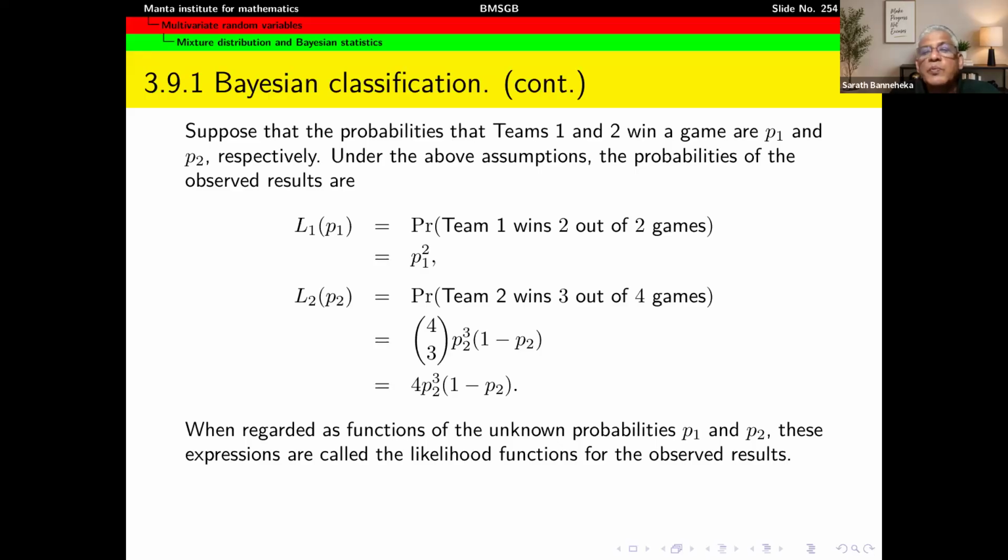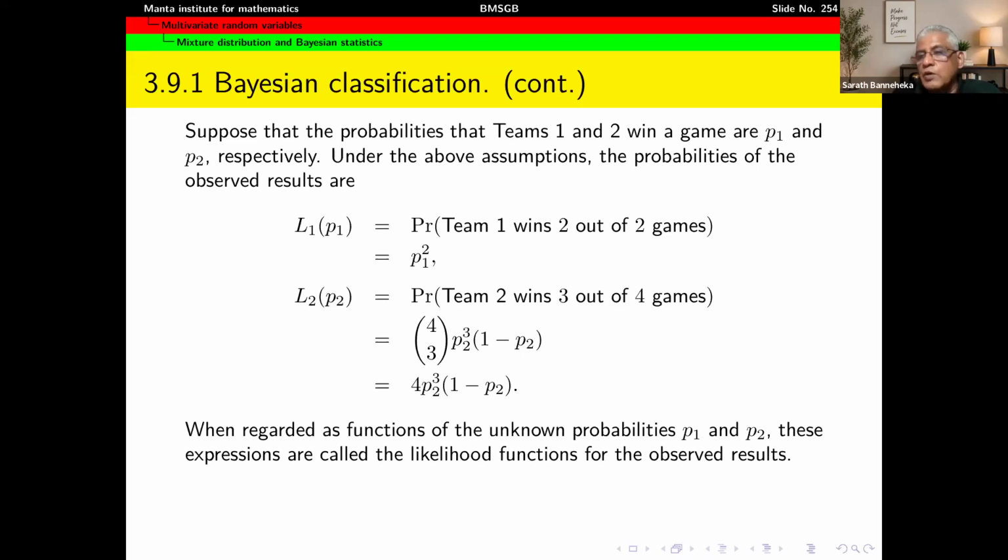Under the above assumptions, the probabilities of the observed results are going to be P1 to the power 2, because they have won both games. For the other team, they have won 3 out of 4 games. So the number of games they win has a binomial distribution with n equal to 4 and probability of success equal to P2.